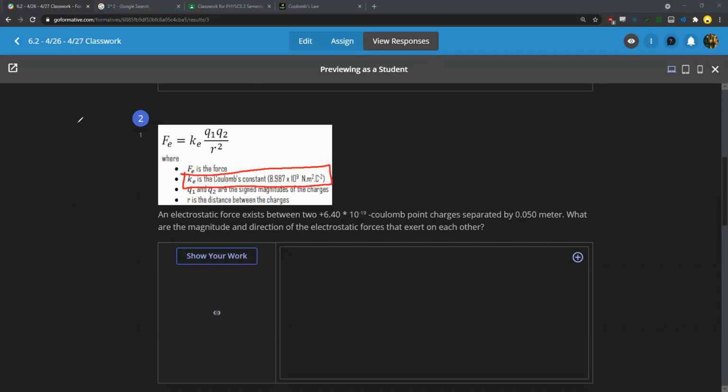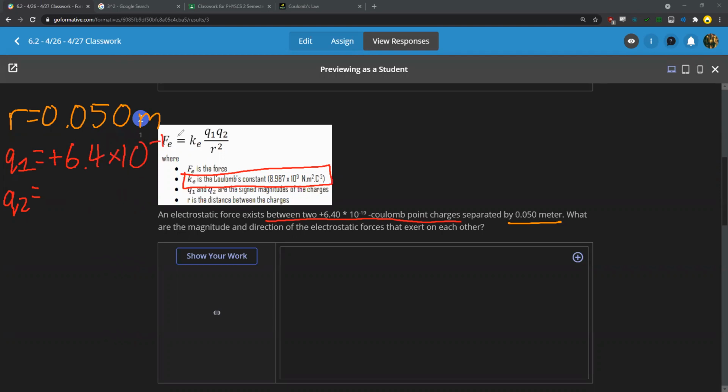R is 0.050. And Q1 and Q2 are 6.4 times 10 to the negative 19. Good. Because it says two Coulomb point charges, 2 positive 6.4 times 10 to the negative 19 coulombs.